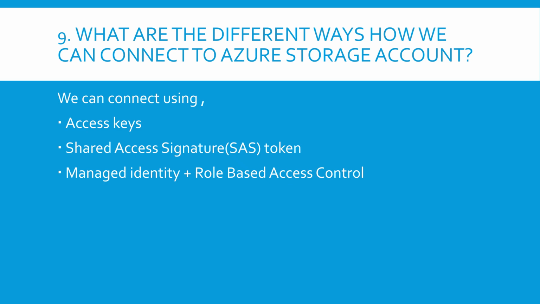For example, for blob storage, you have Storage Blob Data Reader, Storage Blob Data Contributor, and so on. There are multiple IAM roles, so based on our needs, we need to grant the IAM role as well. These are the different ways we can connect to the storage account.